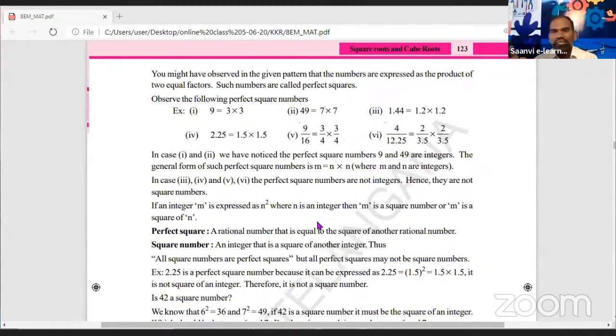So 9 is the perfect square. 7 sevens are 49, 49 is a perfect square. 2 twos are 4, 4 is a perfect square. 1 one is 1, 1 is a perfect square. 5 fives are 25, 25 is a perfect square. 6 sixes are 36, 36 is a perfect square.